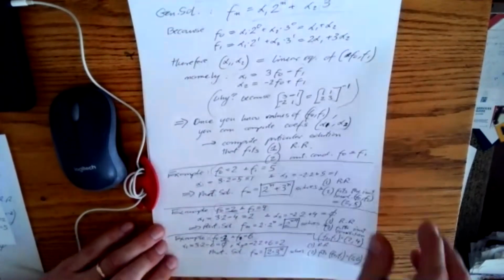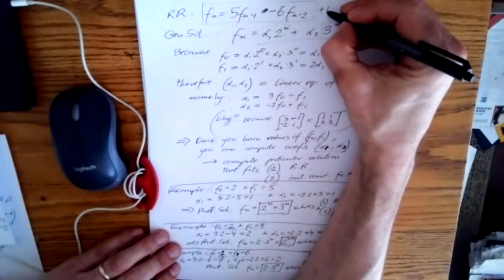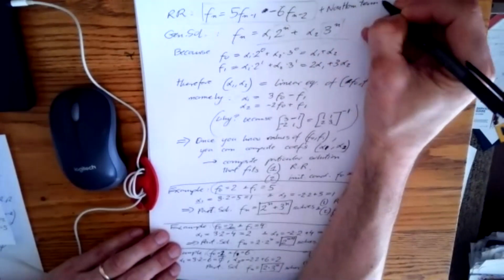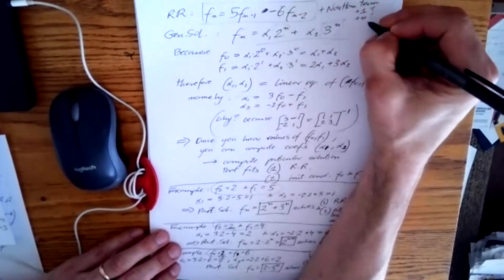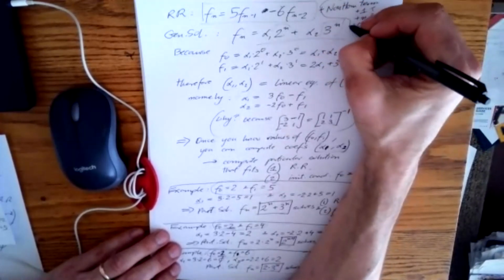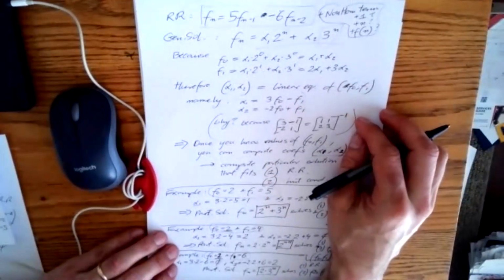So what do you do when these equations have some sort of non-homogeneous term, plus some other function of n in general? It's not hard to extend it to that case.